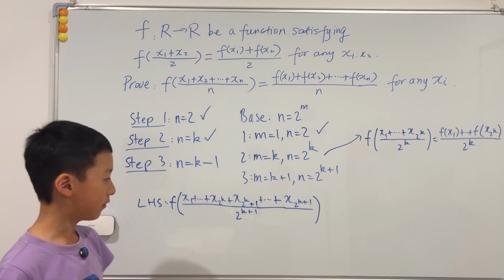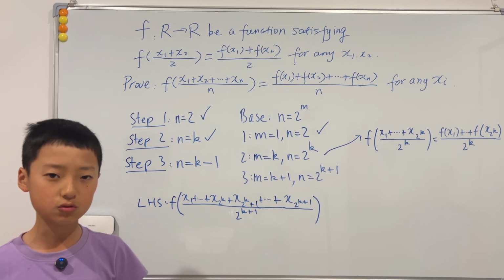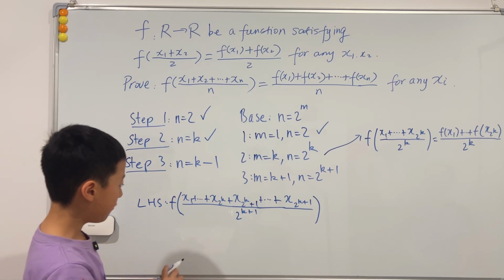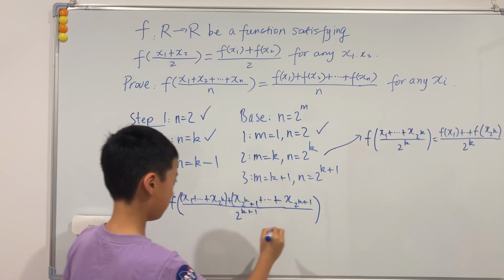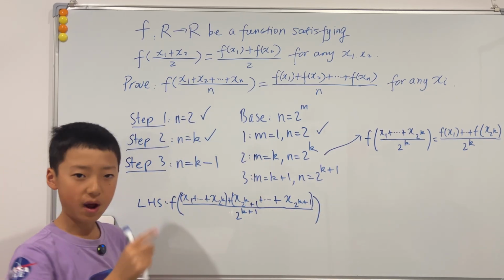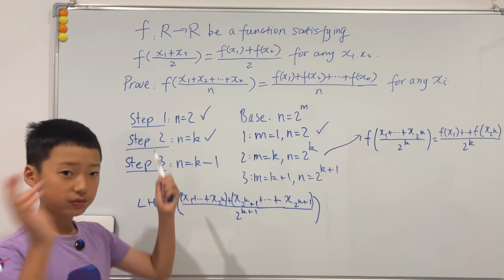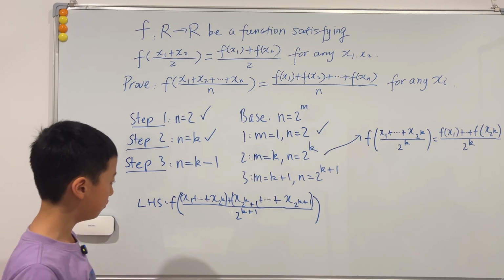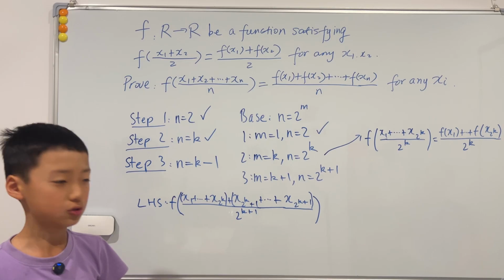Since this is 2 to the power of k plus 1, we can change that into 2 to the power of k times 2. So if we split this up into 2 different fractions with 2 to the power of k on the denominator, then we can divide both of these fractions by 2. So we can still use this formula. That is actually what I'm going to do.